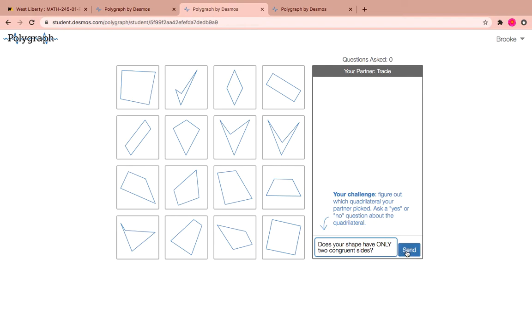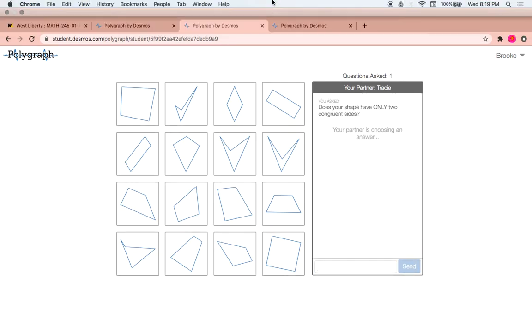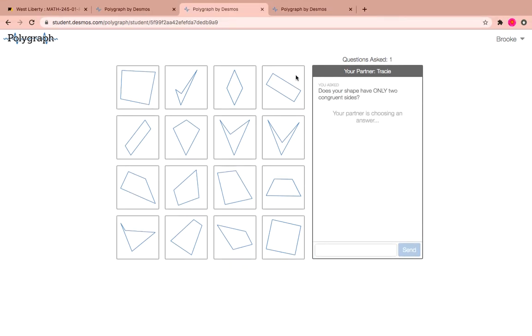With this, you want to try and be specific because if I said, does your shape have 2 congruent sides, that could lead us to not be able to eliminate so many because we would only be able to eliminate ones that had less than 2.